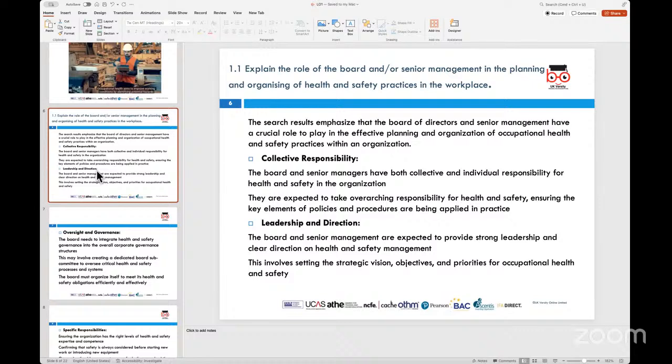And an example that I gave here, when I look at the point of collective responsibility and leadership and direction, is that if you work within an office and the office premises have a lift, a restaurant, a gym, for example, some of the facilities which employees, staff, contractors, or other people use, then in such cases the management's responsibility is to ensure that there are adequate budgets available for these services to be serviced and maintained annually.